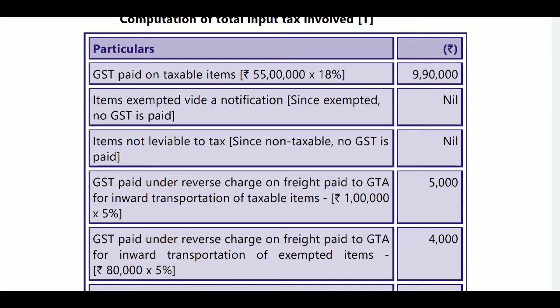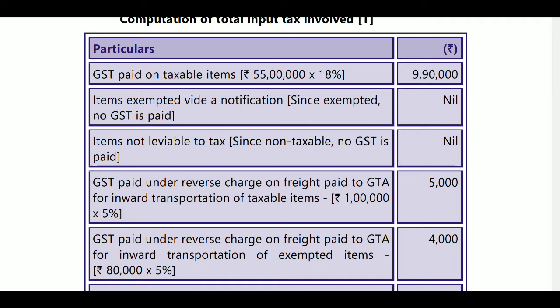Next, items not liable to tax, so no GST, nil. Next, GST paid under reverse charge mechanism will be considered. So inward transportation of taxable items, 5000, is calculated. Next, exempted items 4000 will be calculated. This 4000 will become T2.